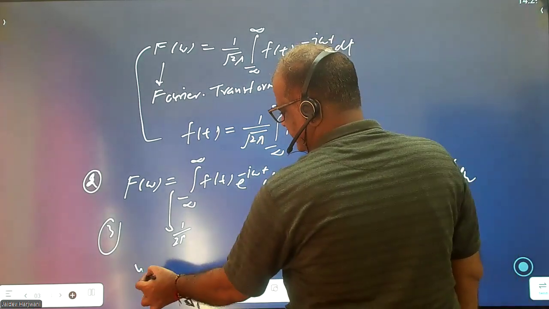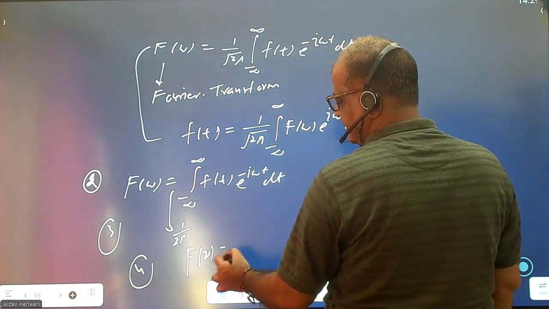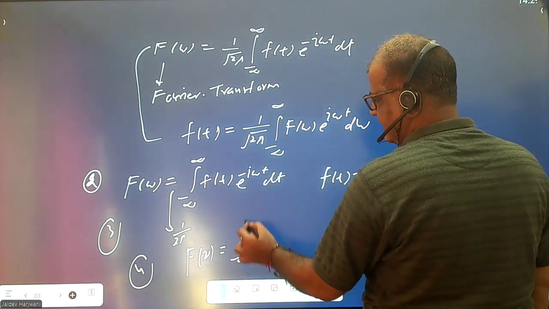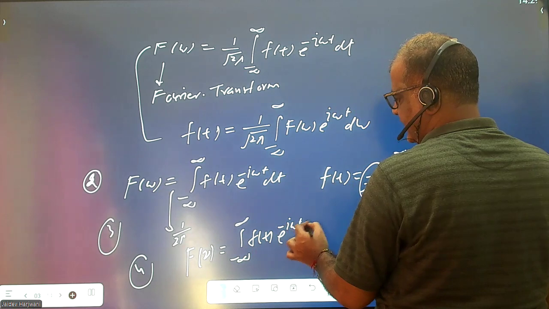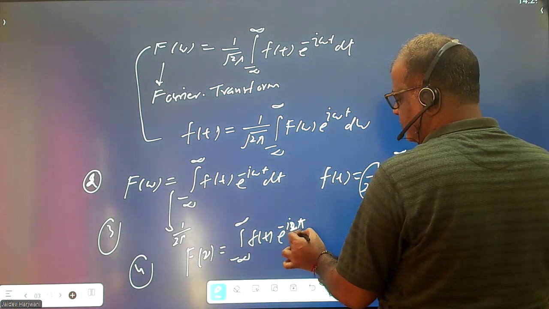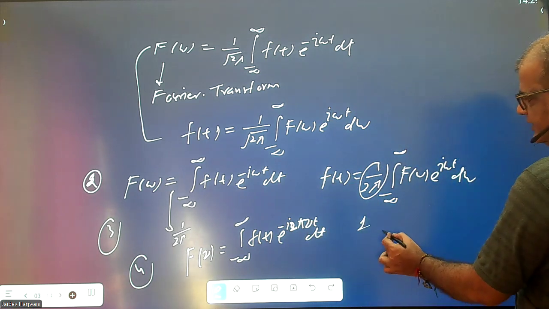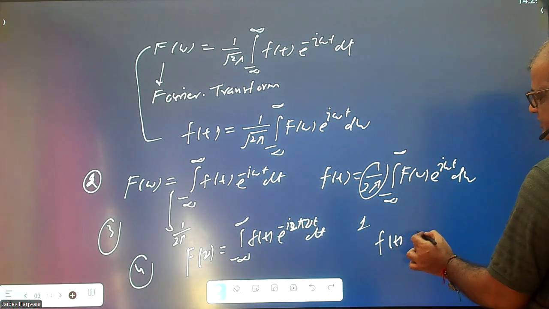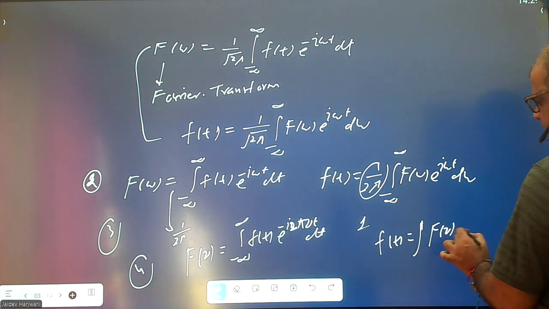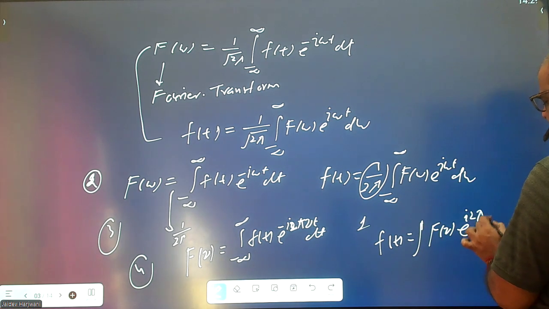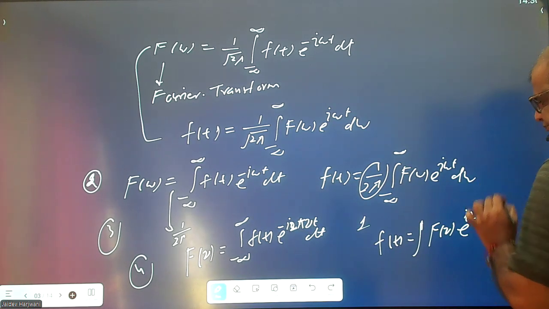There is a fourth approach also, where instead of omega you write the frequency here, and this becomes the integral of f(t) e power minus i 2 pi nu t dt, and here f(t) becomes the integral of F(nu) e power i 2 pi nu t d nu.